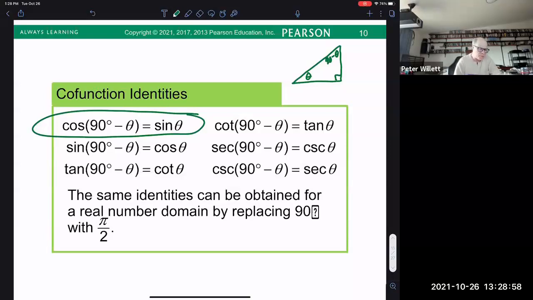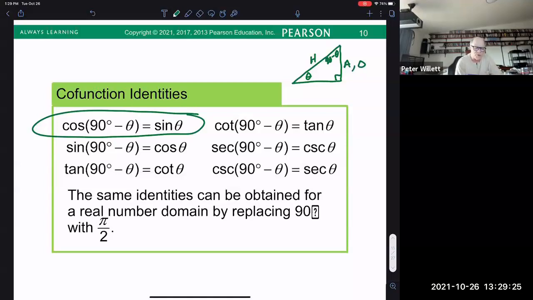So, for example, if I was taking cosine of 90 minus theta, then that would be the adjacent over hypotenuse. So this would be the adjacent to that angle, and this would be the hypotenuse. But then if I flip over to the other corner and take sine of theta, now I'm taking the opposite, but they're the same thing. The opposite to theta is the adjacent to 90 minus theta.